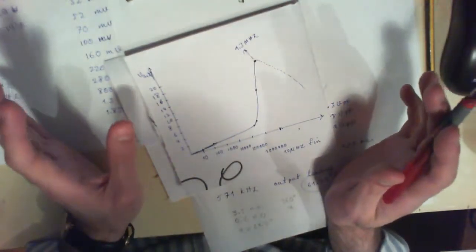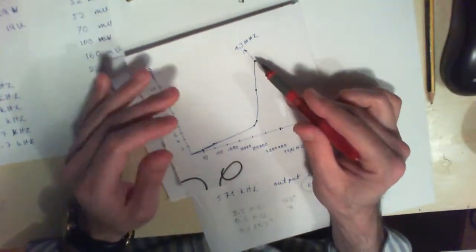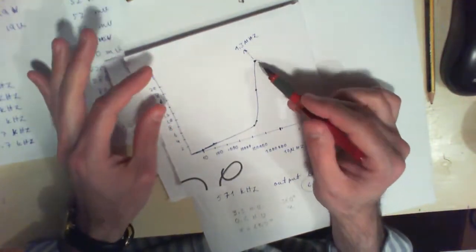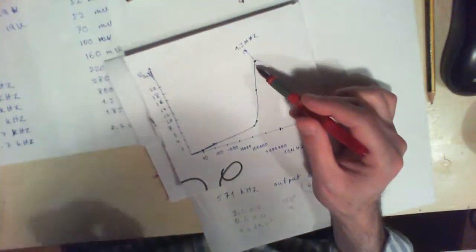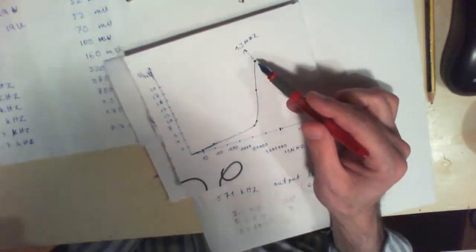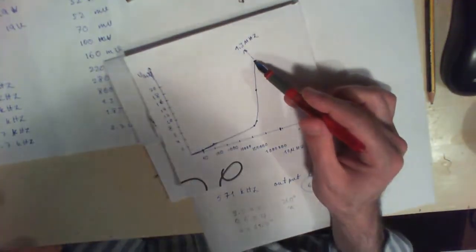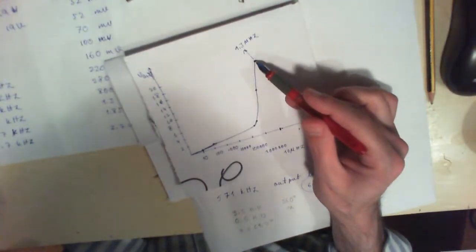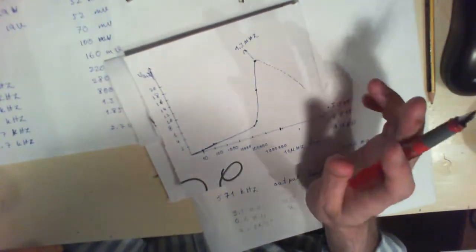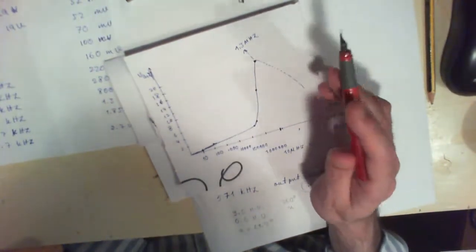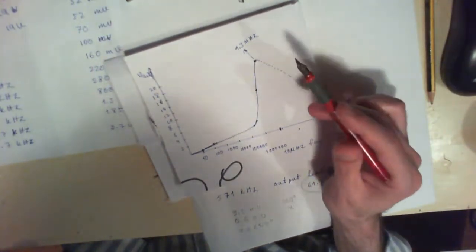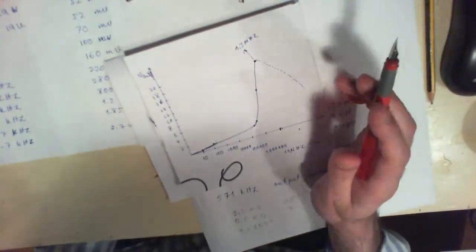So what that means is that if you want to work with this circuit, for whatever reason, beyond 1.3 megahertz, this frequency point must depend on the value of the inductor that you choose. I don't even know what this point is called, and it doesn't really matter.